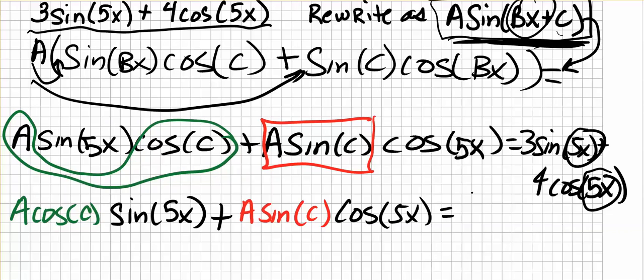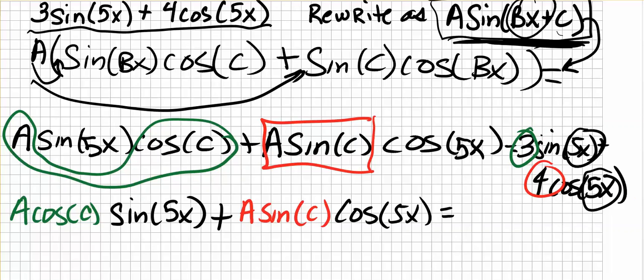And that's equal to, in this case, on the right-hand side of the equation, we have a coefficient of 3 in front of our sine 5x, and we have a 4 in front of the cosine term.